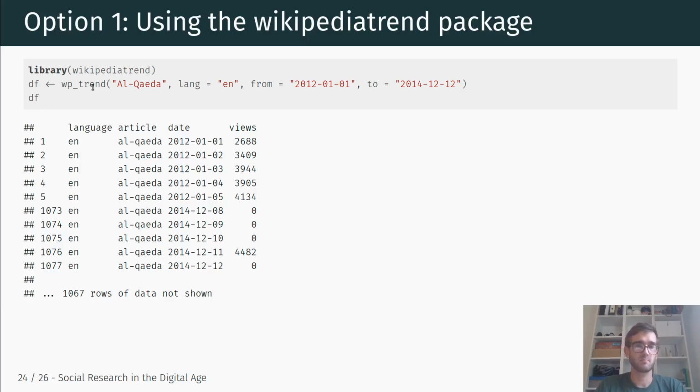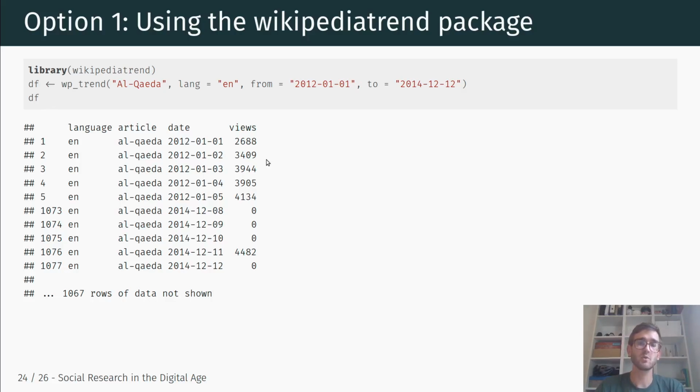However, if you have any questions or problems, we can talk about that in more detail in the Q&A session next week, because you'll still have another week before you have to submit your assignment. What I wanted to talk about in a little bit more detail, though, is the second option, and that's the manual way of collecting these data without the Wikipedia trend package.